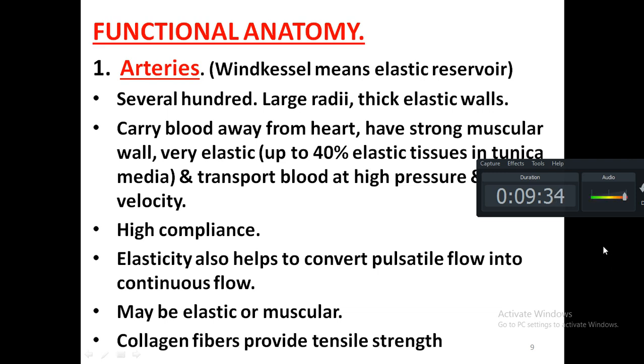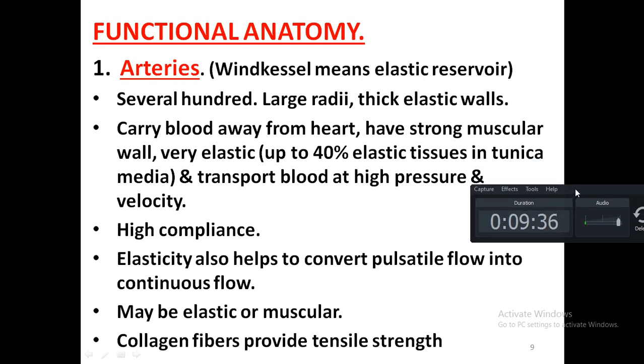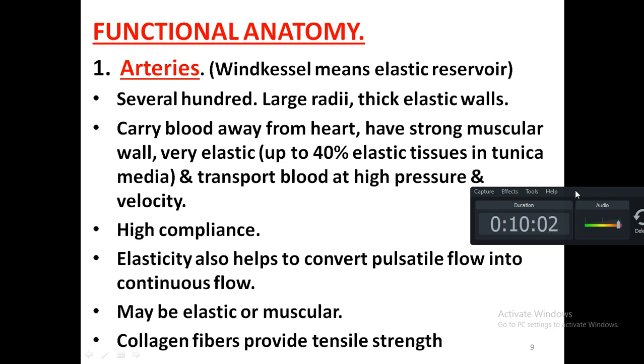They carry blood away from the heart, so they contain a very strong muscular wall and they are very elastic because up to 40% of the tunica media is composed of elastic tissue, and they are meant for the transport of blood at a very high pressure and velocity from the left ventricle into the peripheral parts of the circulation. They have also got very high compliance.